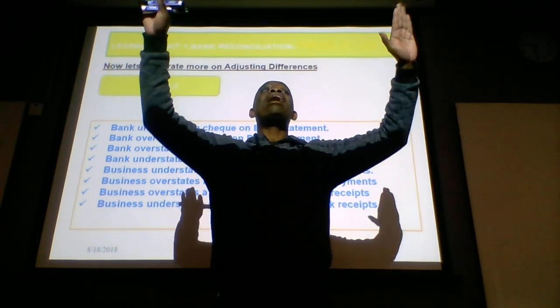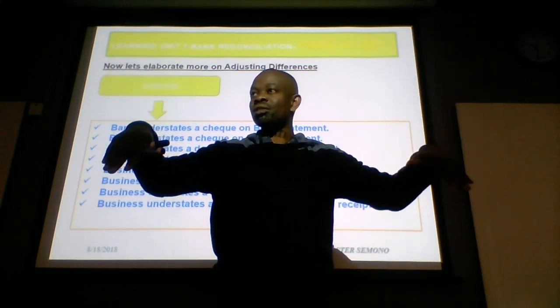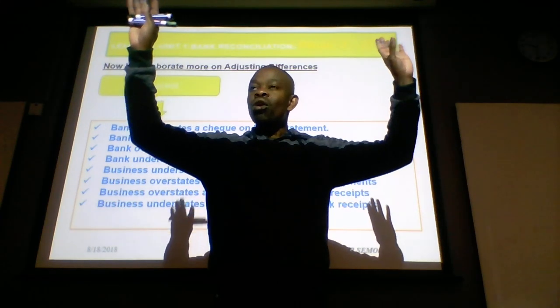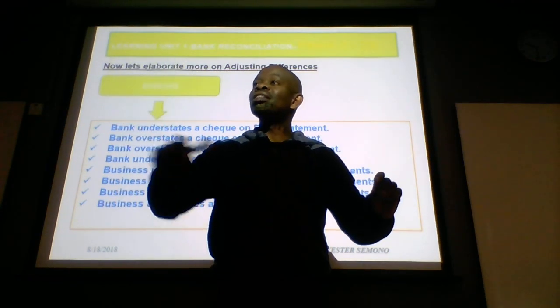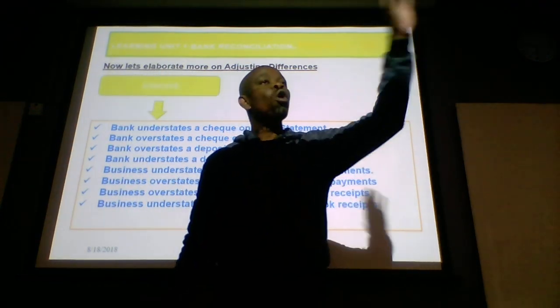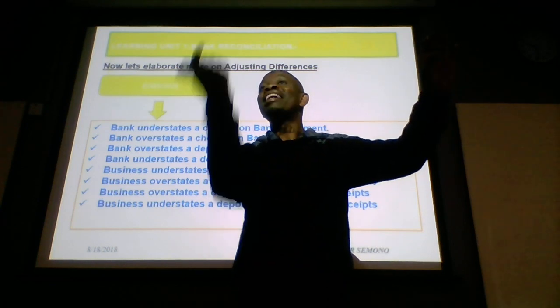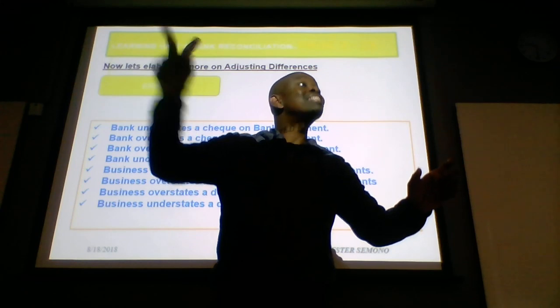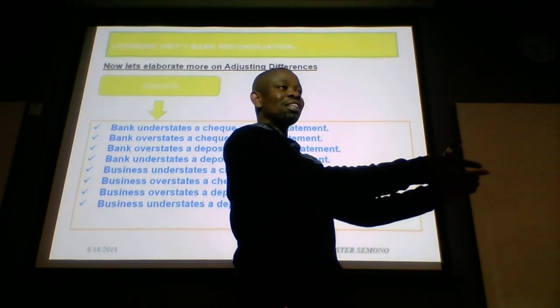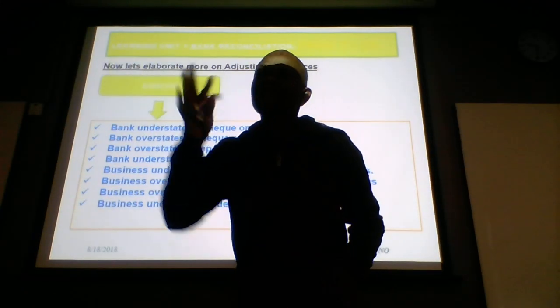In a nutshell, I'm trying to say, if the amount in the cash books is overstated, the difference must always be recorded in the opposite book. So if you overstate under CBR, the difference must go to CBP. If you overstate it under CBP, the difference goes to what? It's like you are trying to reverse.